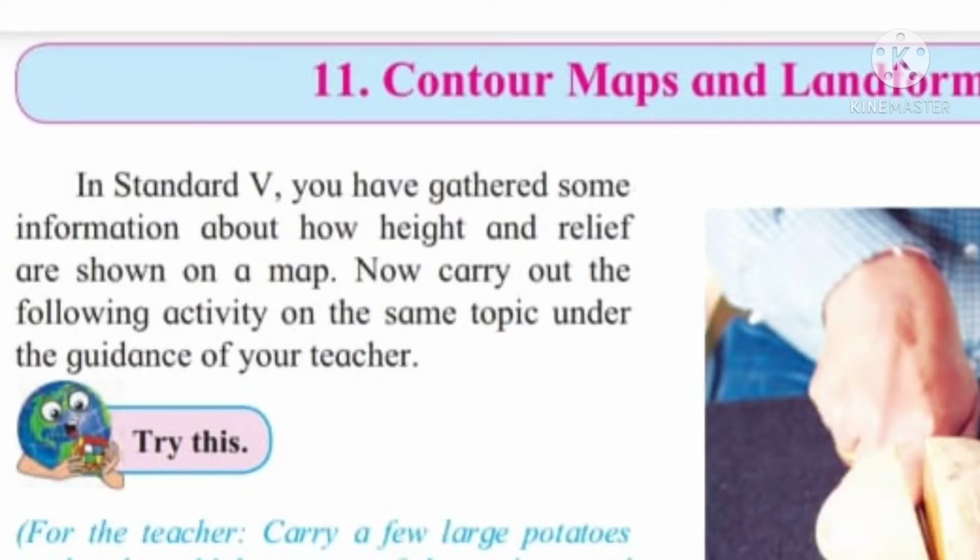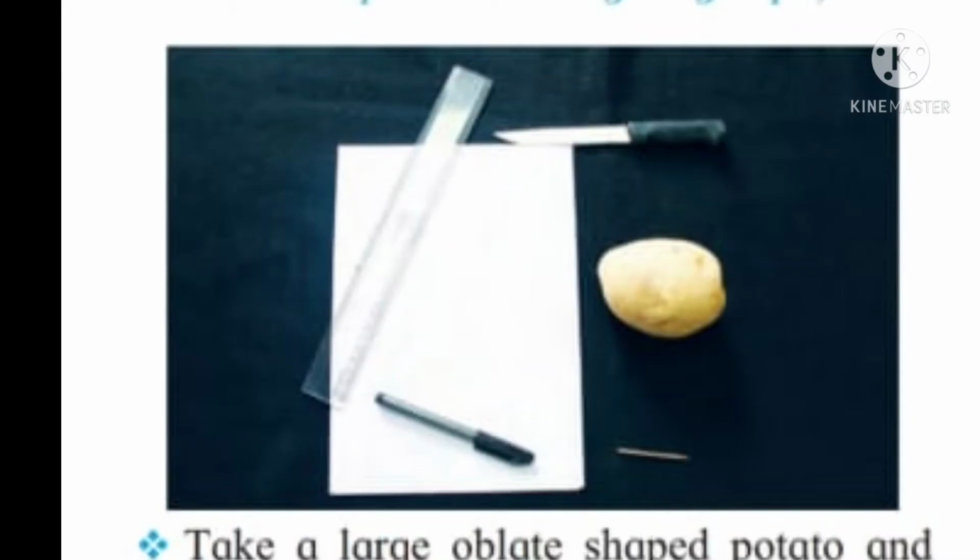To understand contour lines, we are going to carry out this small activity. Take a large oblate-shaped potato and other required material as shown in the figure above. Observe how a potato appears when seen from the front and when seen from above.